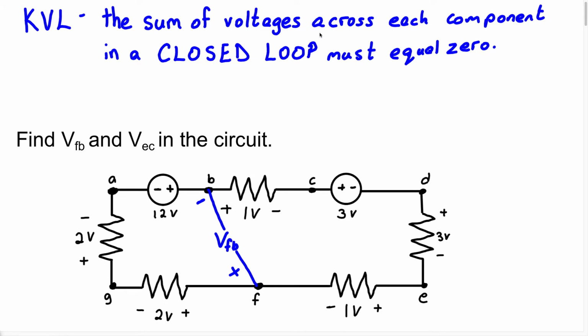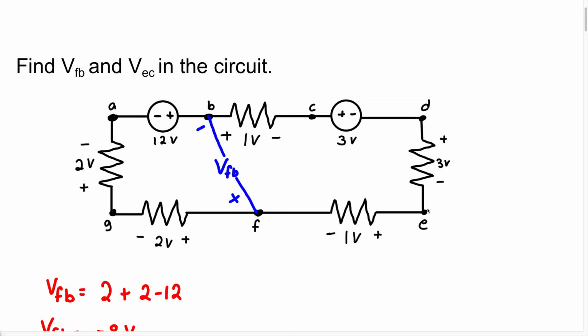Now, when you look at this, remember what Kirchhoff's voltage law is. KVL is the sum of voltages across each component in a closed loop, and that must be equal to 0. Okay? Now, when we look at this, how many loops do you think we have? Now that we've added in this wire, right?